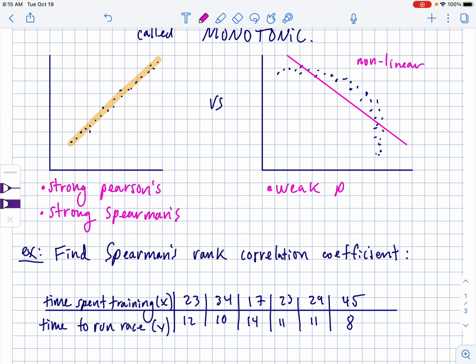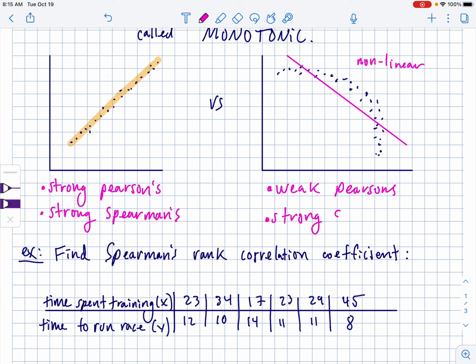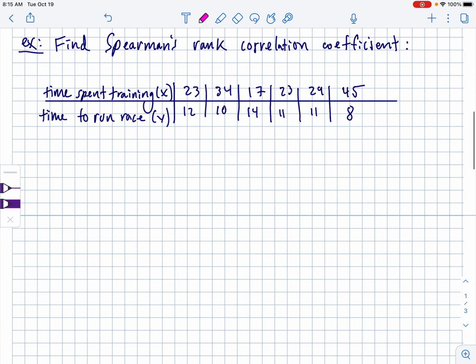Because this is non-linear, it would have a weak Pearson's but a strong Spearman's. So because it's non-linear, you would want to use Spearman's and not Pearson's.